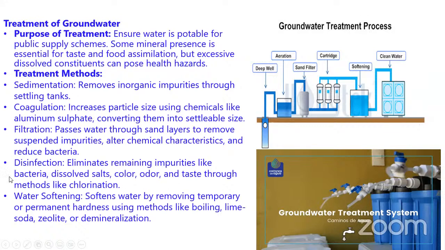These are the different methods involved in the groundwater treatment procedure. In any RO system or groundwater treatment system, you will find these major steps: sedimentation, coagulation, filtration, disinfection, and water softening.